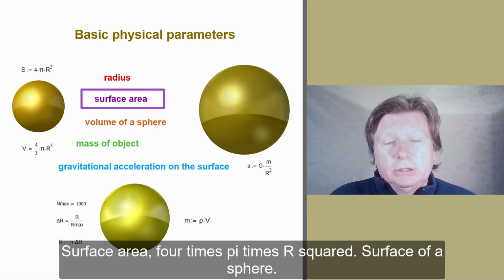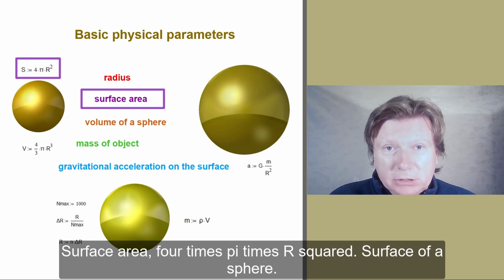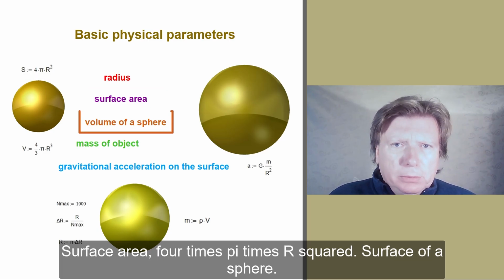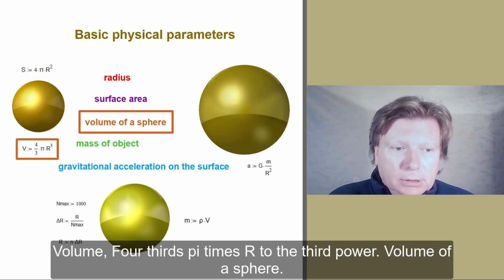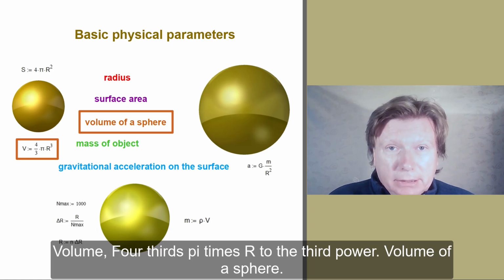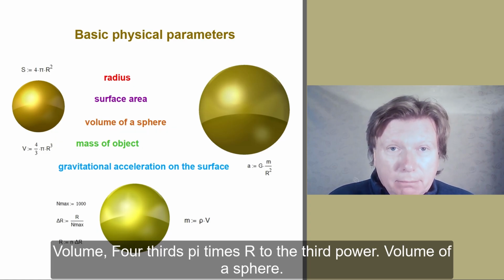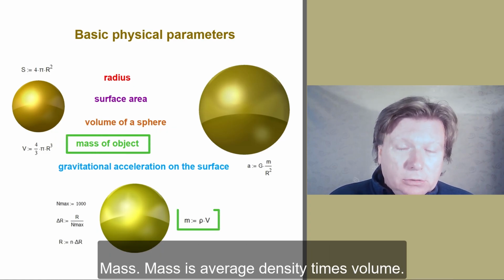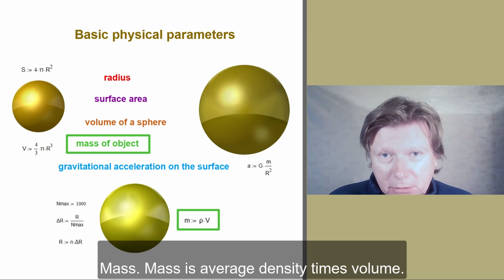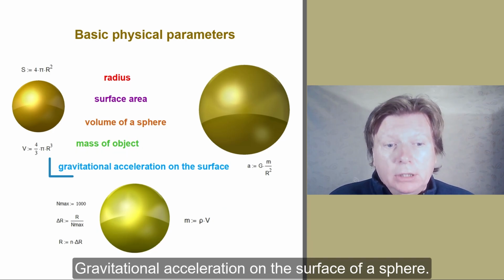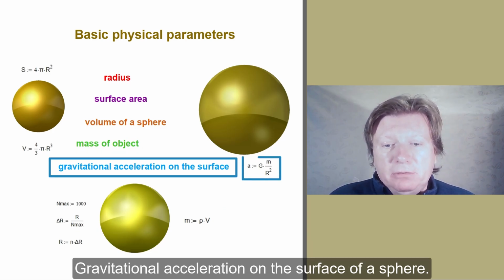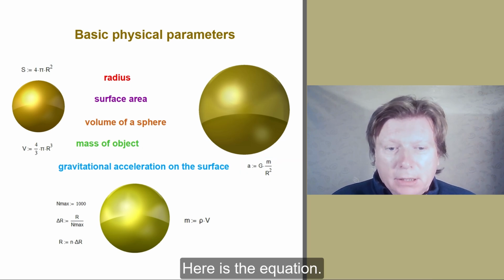Surface area: 4 times pi times r squared, the surface of a sphere. Volume: 4/3 pi times r to the third power. Mass. Mass is average density times volume. Gravitational acceleration on the surface of a sphere. Here is the equation.